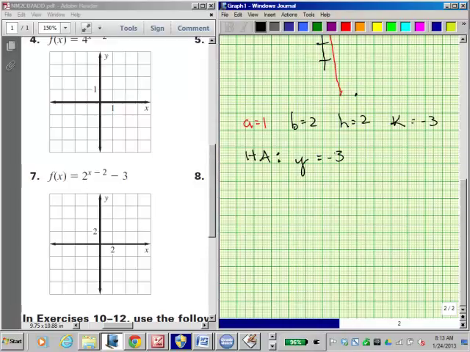Now, we're going to graph that. We're going to put that on the graph right away. Okay? All right. So let's make ourselves a little table here. So I'm going to graph y equals 2 to the x, and then I'm going to throw in h and k. Okay? So I have x and y.